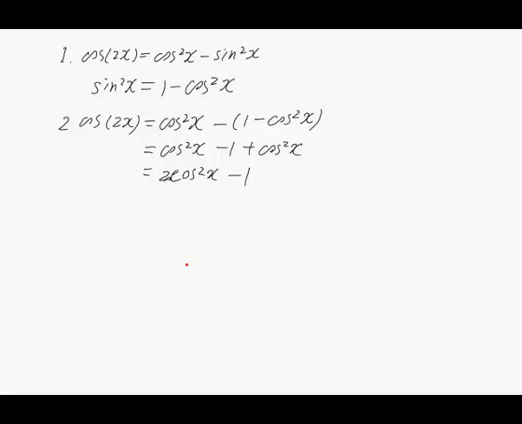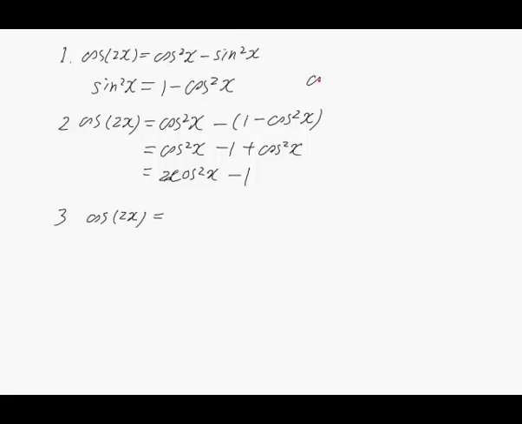And you can also replace cosine square x by 1 minus the sine square x. So now let's get the third form of identity for the double angle for the cosine. So this guy is equal to, now let's replace the cosine square x by 1 minus the sine square x.